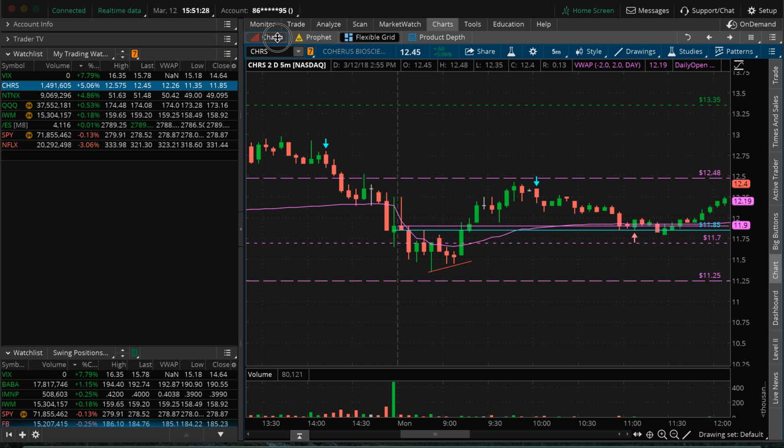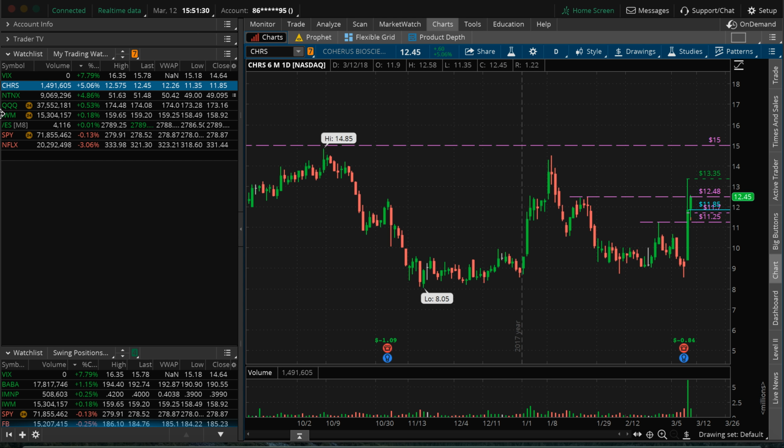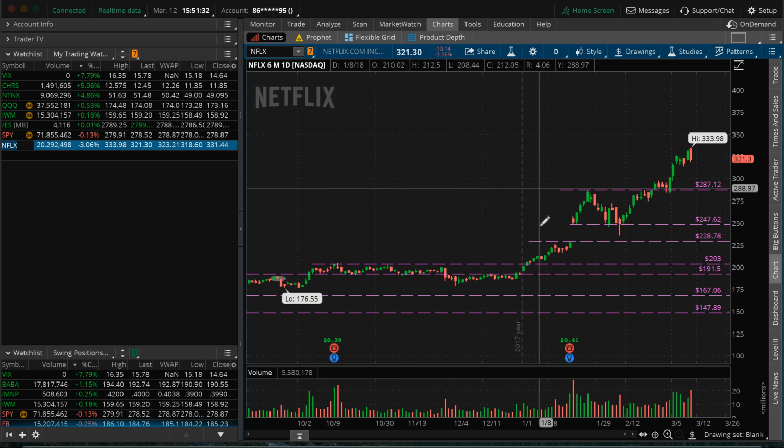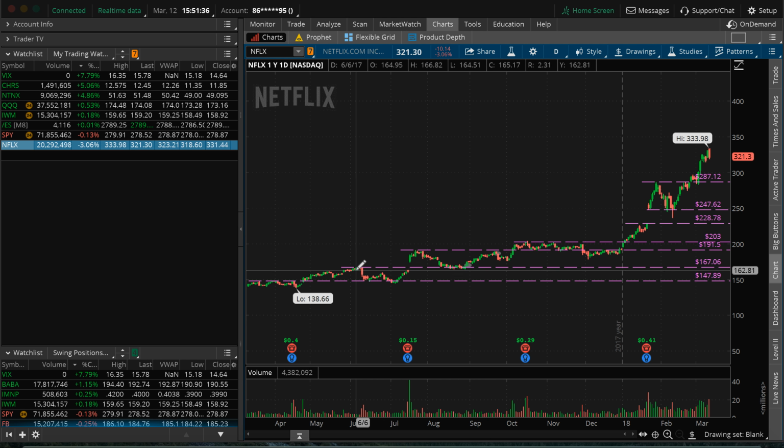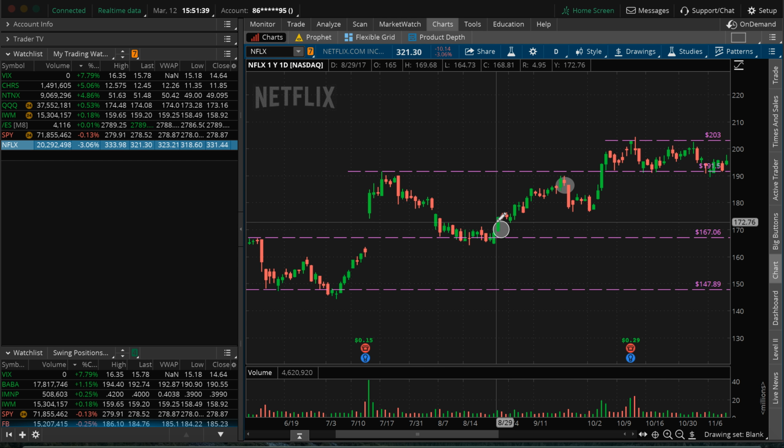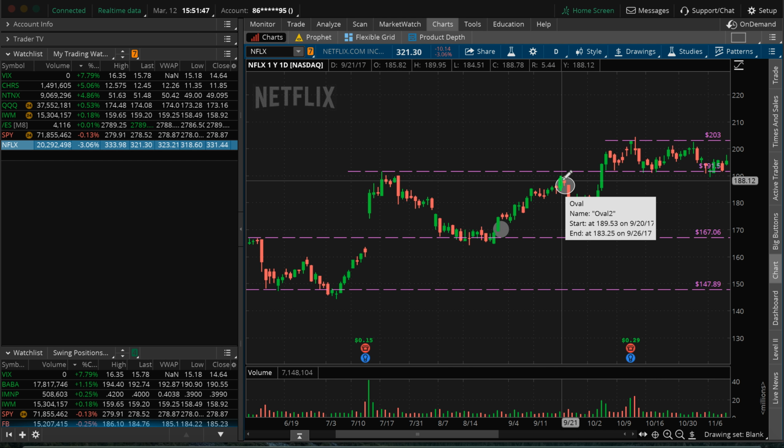Versus, if you look at Netflix, I believe each one of these candles represents a day. So I believe this is like a 2-week trade. So your bottom held for around 2 weeks. So it's a lot slower or a lot smoother.